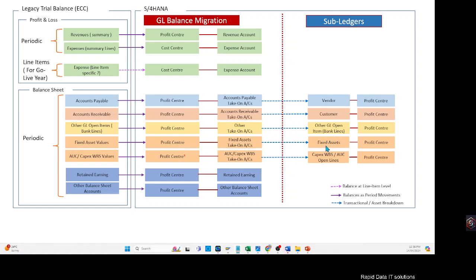And then we got the fixed assets. Again, you cannot post the fixed asset balances into the accounts of the fixed assets directly, and therefore they will need to go into some other account. And then you got the AUC balances as well. So these are the subledger line items or subledger balances, which will come here in the GL balance initially, but they will be posted in the take-on accounts. So for each of them, we will have a separate take-on account.